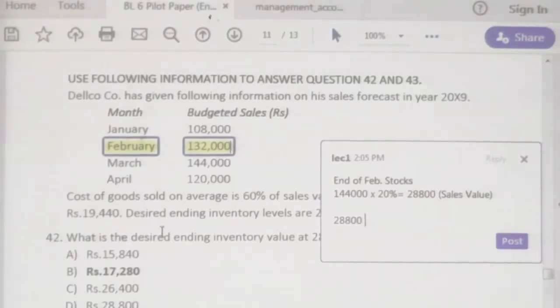The 60% is the cost of sales, therefore you need to take 60% as the cost. 28,800 into 60% is 17,280. Now you can see the answer, 17,280. A very important point in this type of question is to ensure the inventory is presented at cost, not at sales price, like we calculated here.